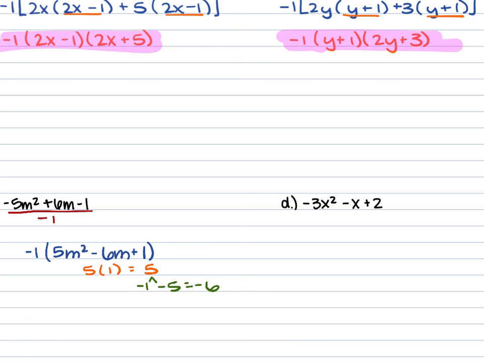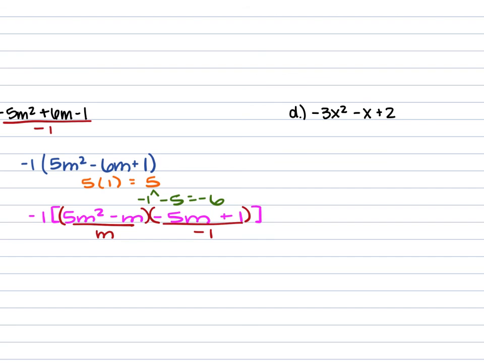So this is going to be rewritten as negative 1 times 5m squared minus m minus 5m plus 1. From here, we are going to factor by grouping on the inside of those brackets. We factor out an m from the first set of parentheses. We factor out a negative 1 from the second.